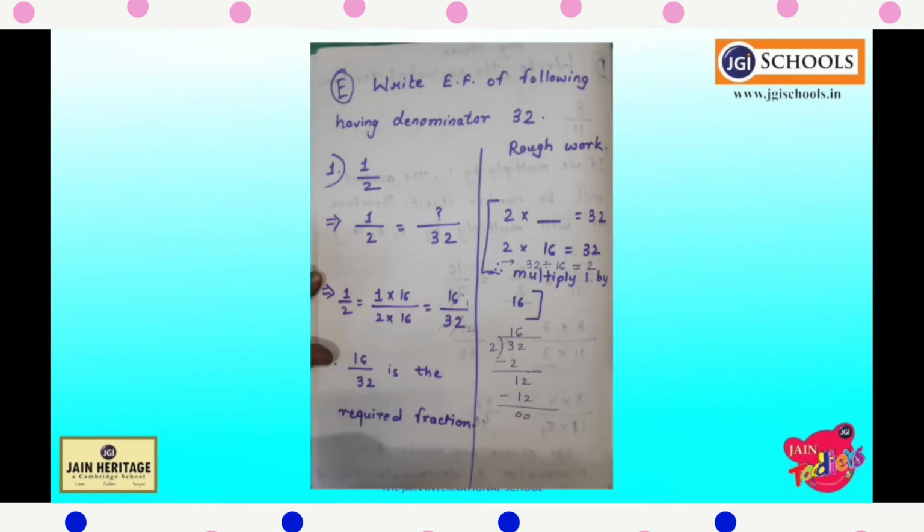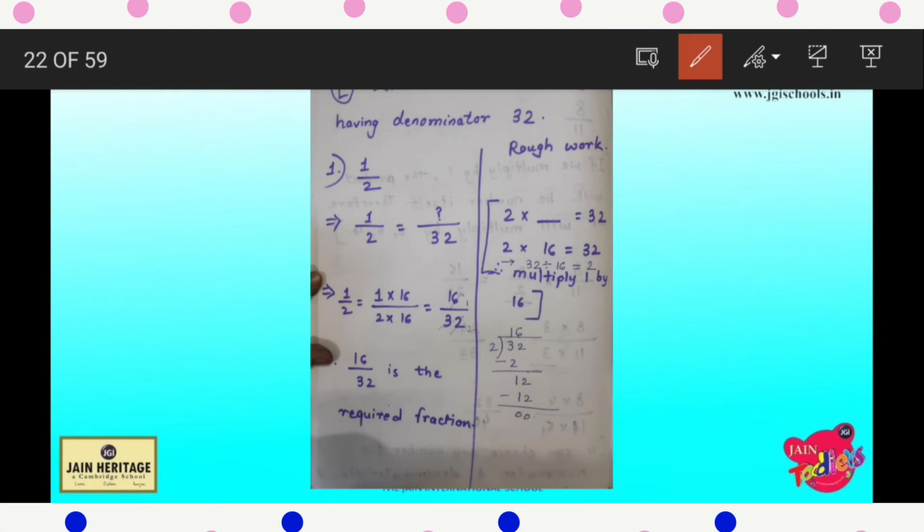Now question number E: you have to write the equivalent fractions of the following. But here the denominator is mentioned, that is 32. You have the denominator and one fraction, and you have to find only the numerator, the question mark. How will you solve it?